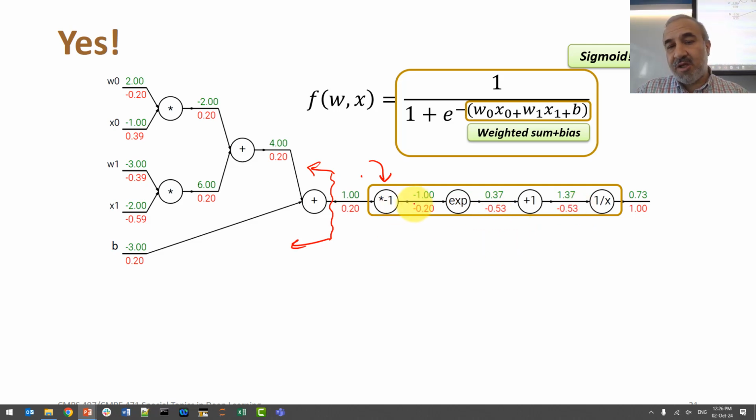What if here we decompose the sigmoid function into 4 operations? Multiply by -1, then exponential, then add 1, then invert, right? But if we know the derivative of the sigmoid function right away, we don't need to have 4 gates. We can just have one gate. We call it sigmoid, and we know how to compute the local derivative for it.